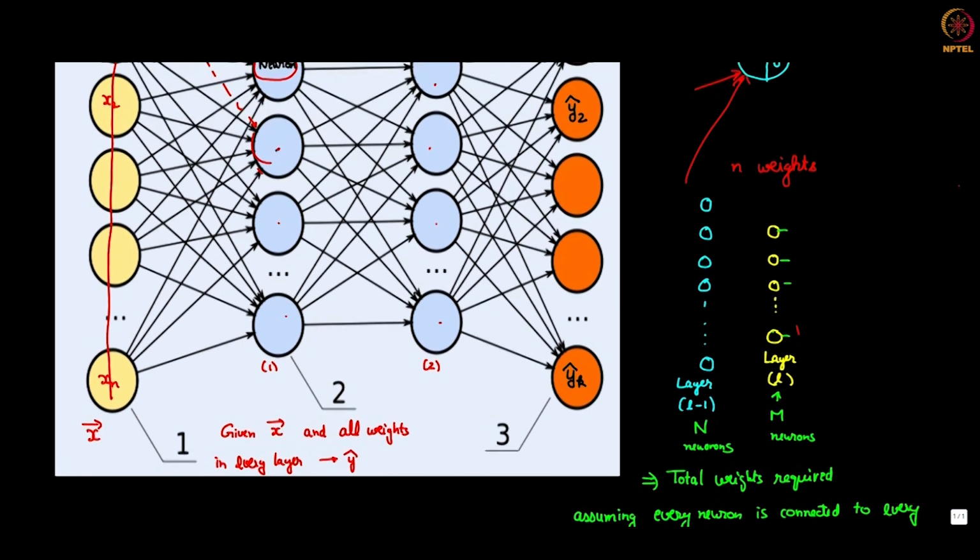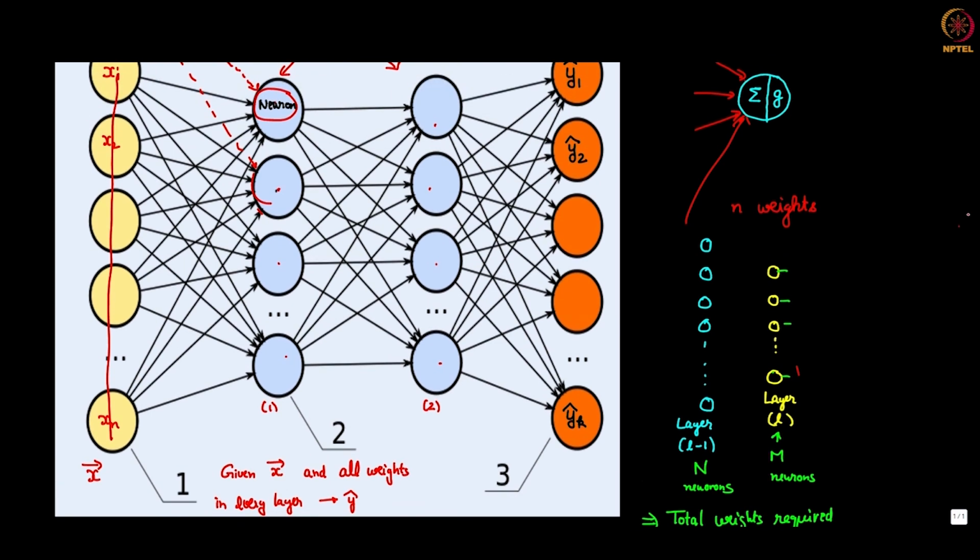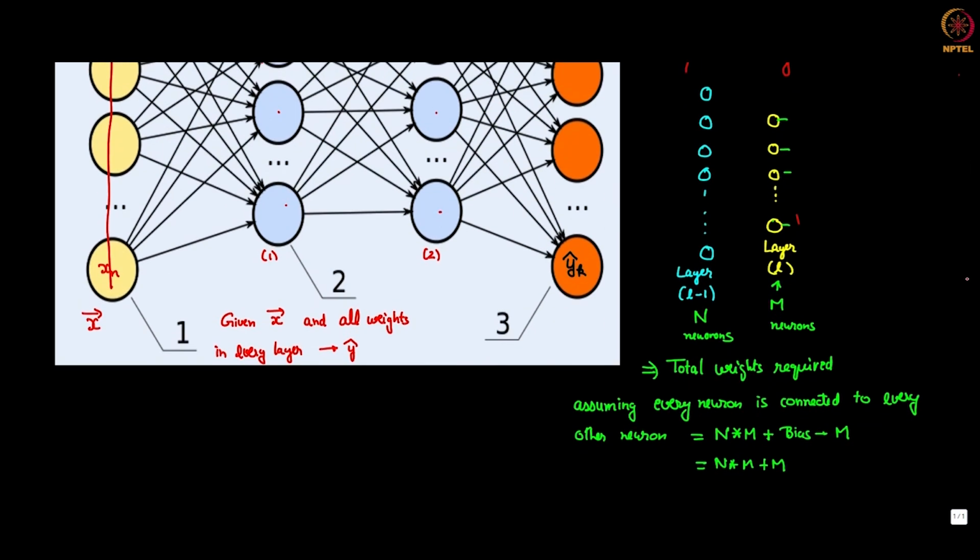This is called the feed forward process. Basically, you feed in the x, you also give all the w's of every single layer, and simply by taking a linear combination, non-linearity, linear combination, non-linearity, linear combination, non-linearity, you can predict all the y. So, this is called the feed forward process.